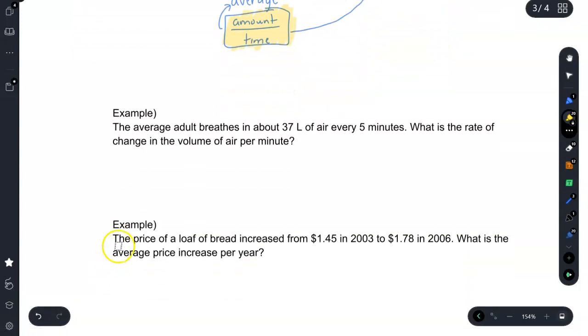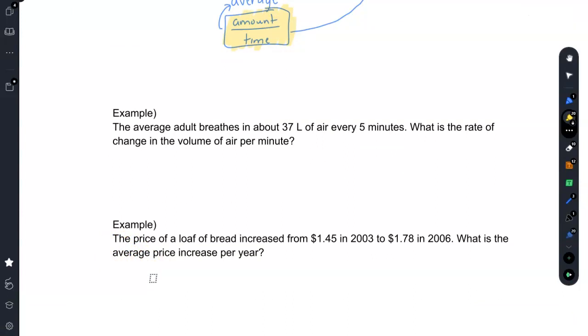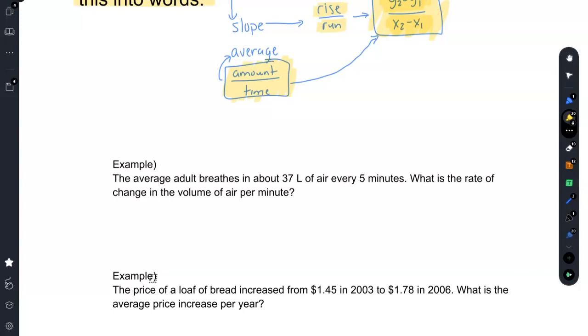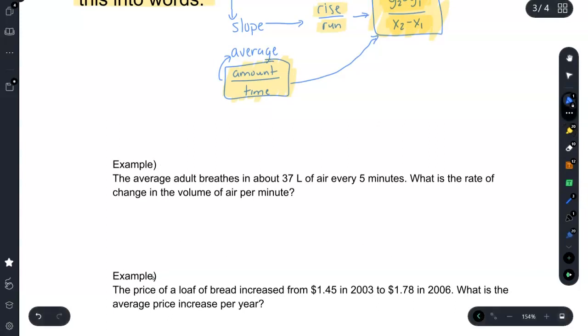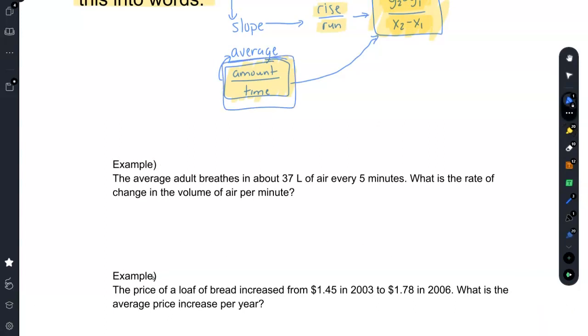So in this first example, the average adult breathes in 37 liters of air every 5 minutes. What is the rate of change in the volume of air per minute? So I'm looking for this per minute, and I'm going to use this one to start with, right? So this one would be 37 liters over 5 minutes. So I'm going to grab my calculator.